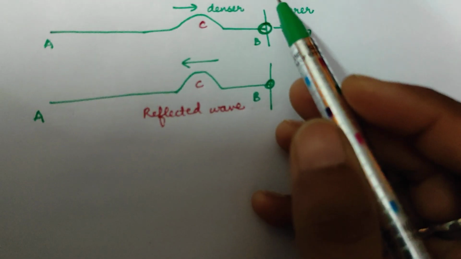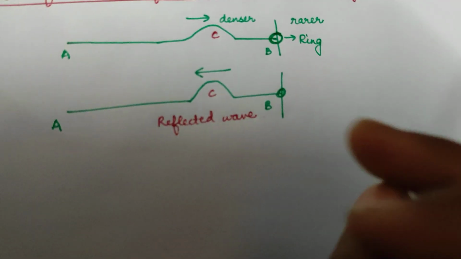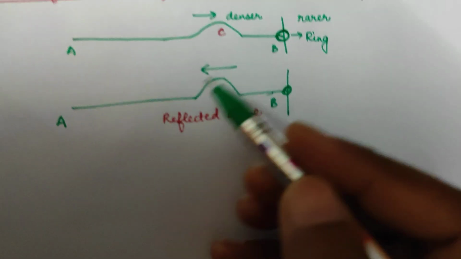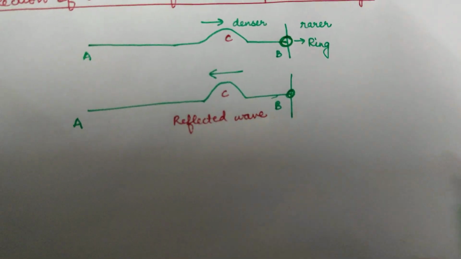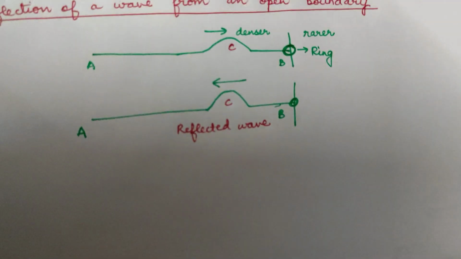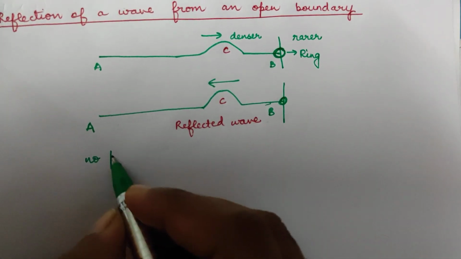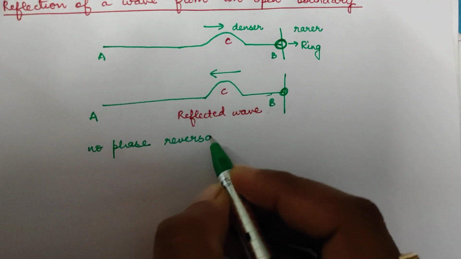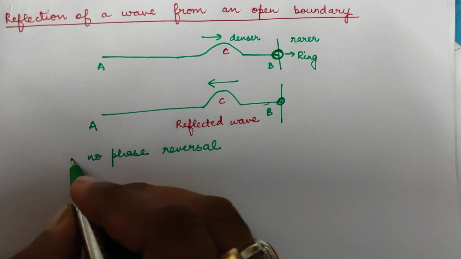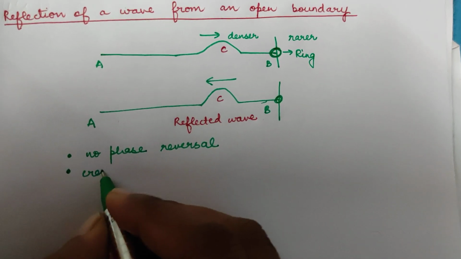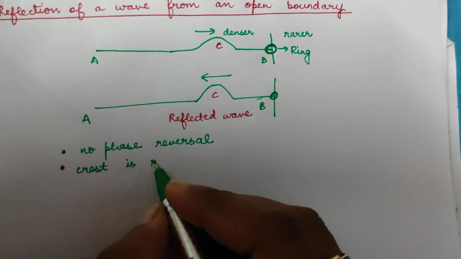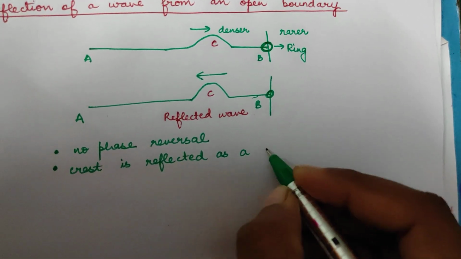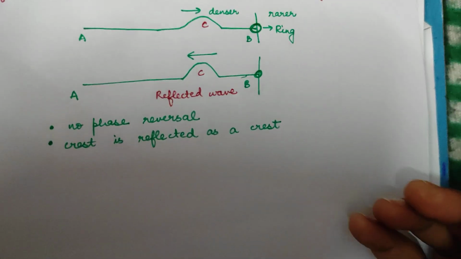As the ring moves up, it stretches the string and produces a reflected crest, as you can see over here, which travels back towards A. Therefore there is no phase reversal in this case, and we can say that a crest is reflected as a crest. Is it clear?